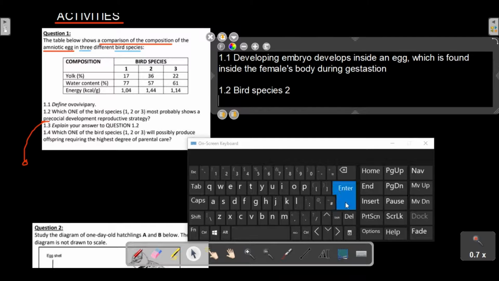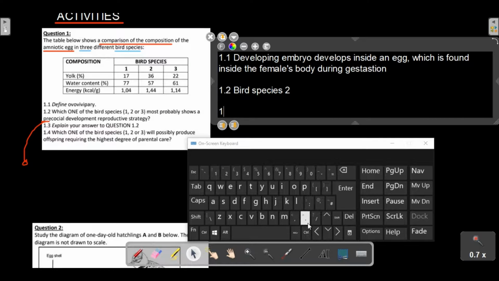So 1.3 says explain your answer to question 1.2.